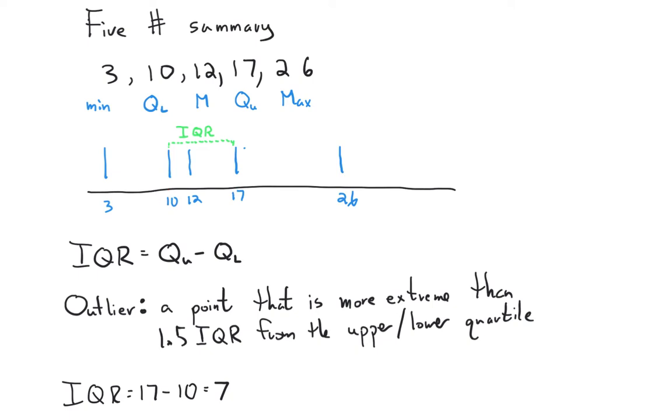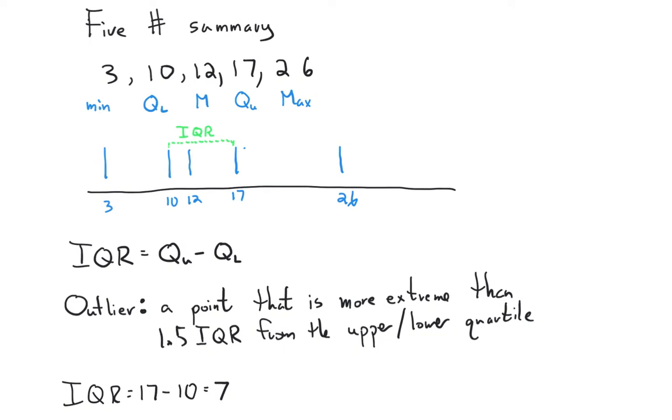Now, when we're talking about extreme data points, just like we did with the mean absolute deviation, when we were talking about data in terms of means rather than ordered data and using the median, we need to determine when is a point too extreme to be considered usual.